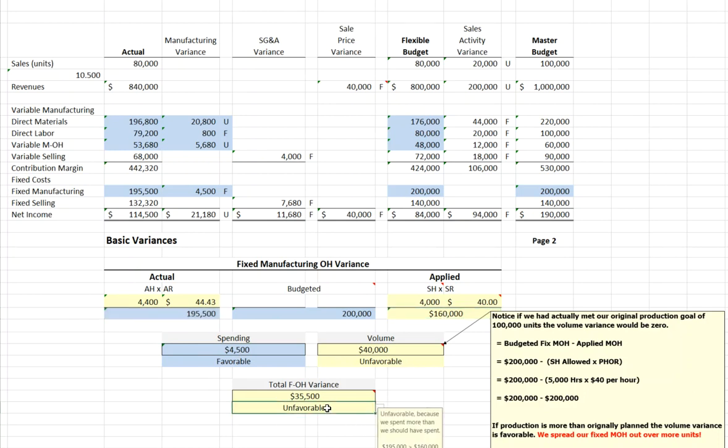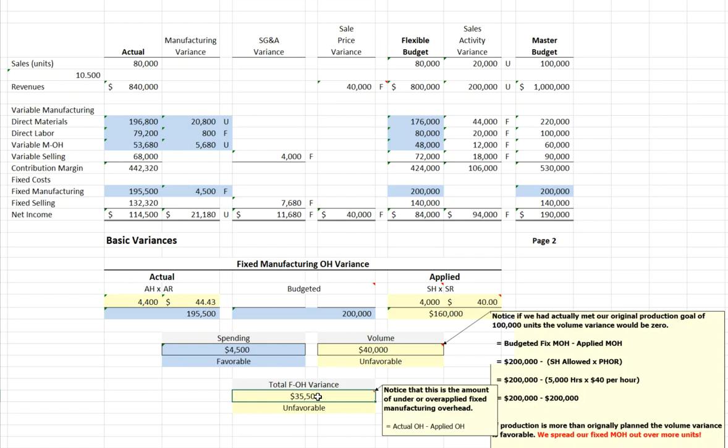So again, an unfavorable fixed overhead variance because we have spent more than we should have spent to produce 80,000 units. Our 35,500, notice that's really the difference that we would have in under or over applied overhead.